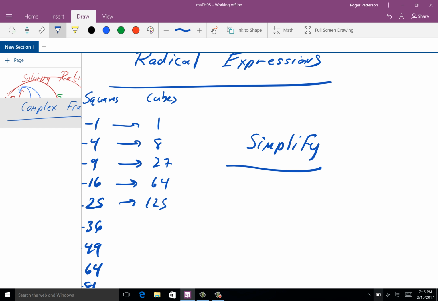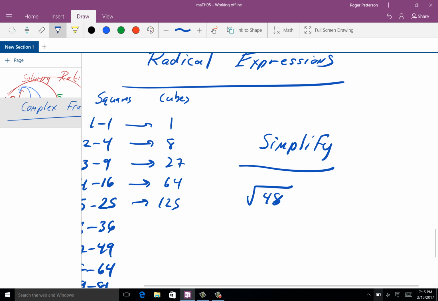When you simplify a root, say a square root of 48, what we want to do is break it down by finding the largest of the perfect squares that will divide into 48 evenly.